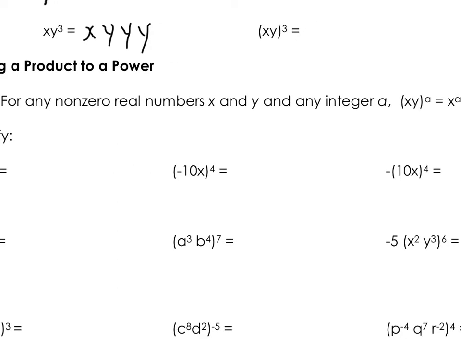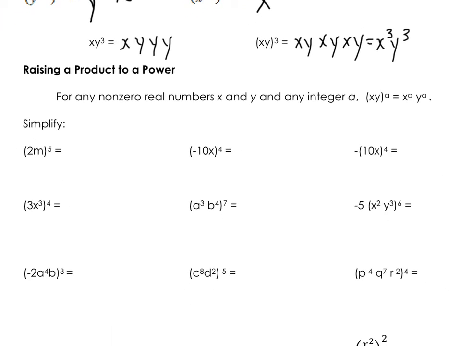The exponent applies only to the number or variable to its immediate left unless you have parentheses to tell you otherwise. So when you take the quantity xy and raise it to the third power, you're raising something to the third power, so you write it down 3 times and multiply. So really what you're doing is you're raising x to the third power, and you're also raising y to the third power.